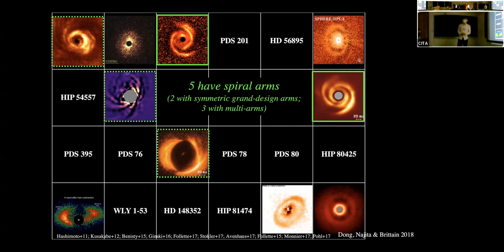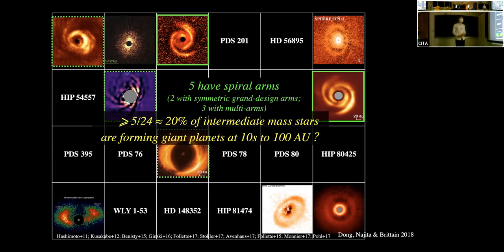Now, previously, I've argued giant planets may explain spiral arms in scattered light. Now, if we make a bold assumption to say those spiral arms are produced by a giant planet, this is a very bold assumption, but let's go with it for now. Then the sample immediately gives us the following statistics. At least 5 out of 24 Herbig stars, or 20%, are forming giant planets at 10 to 100 AU.